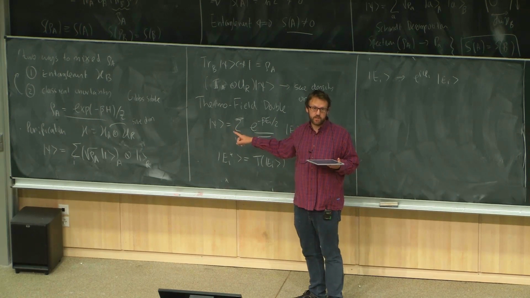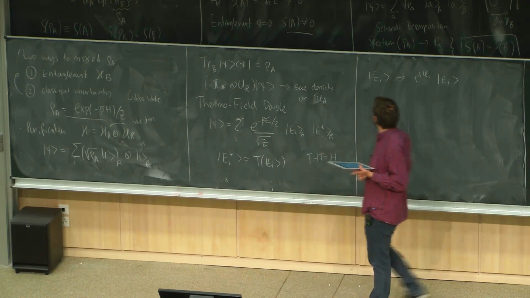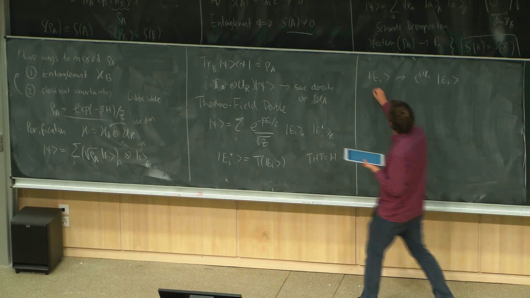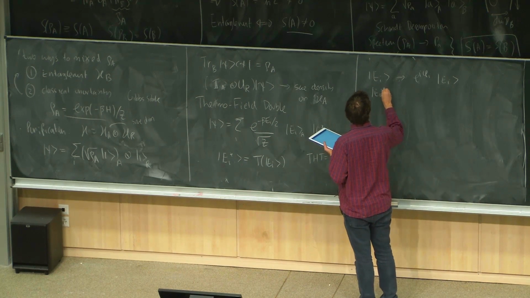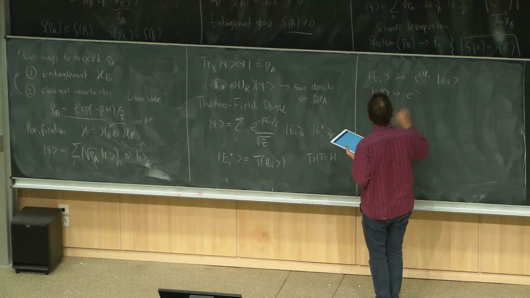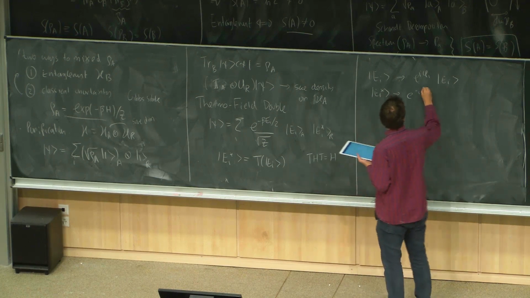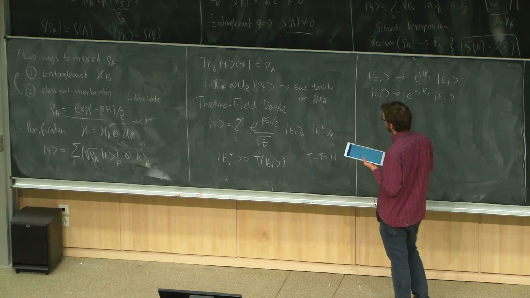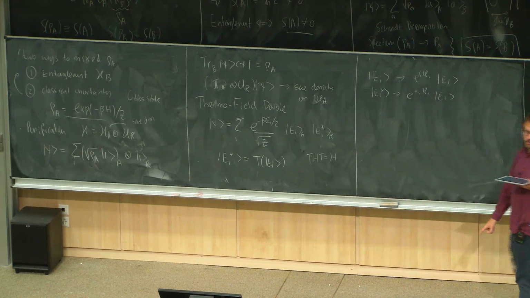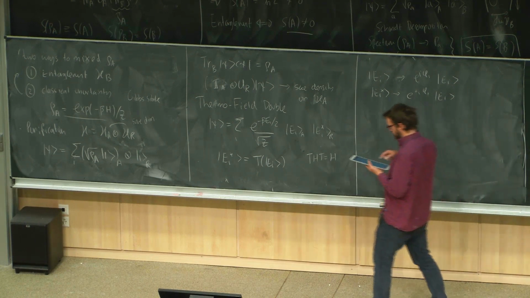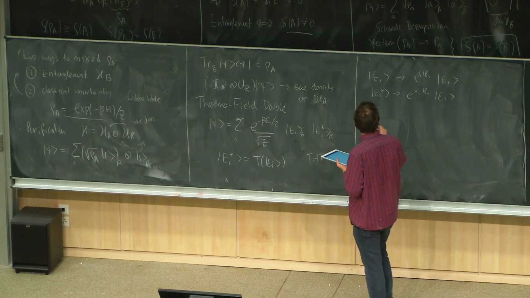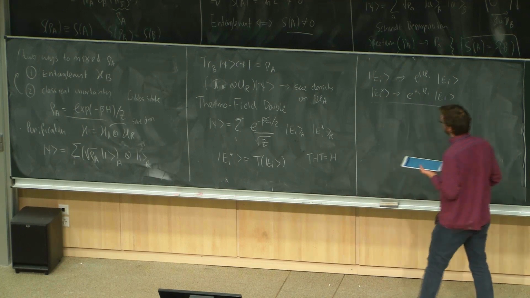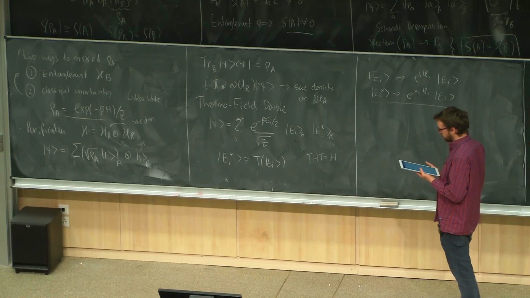It would be a completely different state. Whereas with the star, because of the anti-linearity of T, this actually just goes to this, and so the dependence on this phase cancels out. Now you might think this is of technical importance, but actually it's physically important too, and I'll try to show that.